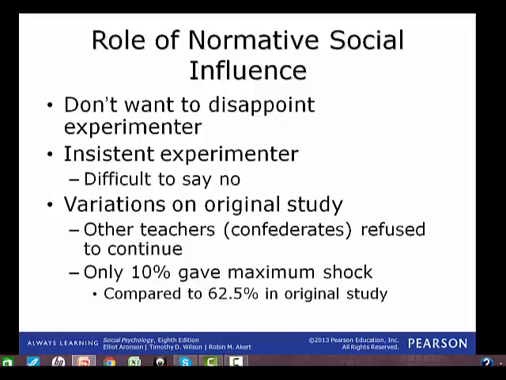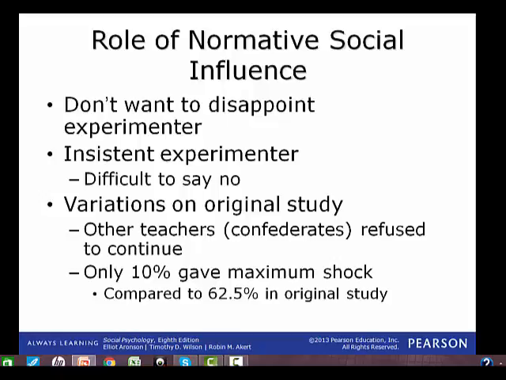They thought of this person as a legitimate expert authority figure, and they didn't want to let that person down, right? And also, as I said, the experimenter was insistent. They never actually forced the people to stay, but they did say, you said you would do this, you agreed to be part of the study. So they made it difficult to say no. Not impossible, but difficult, right?